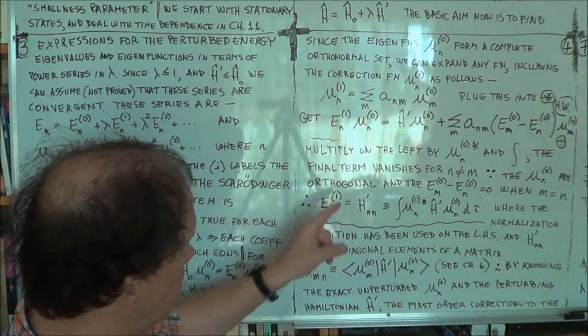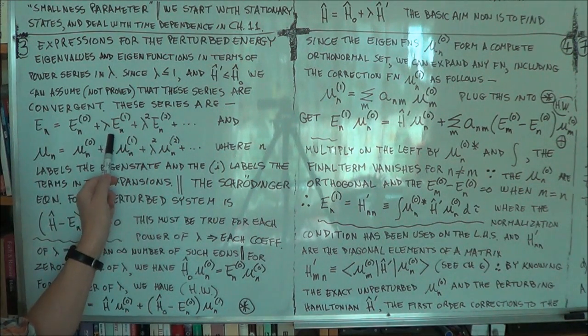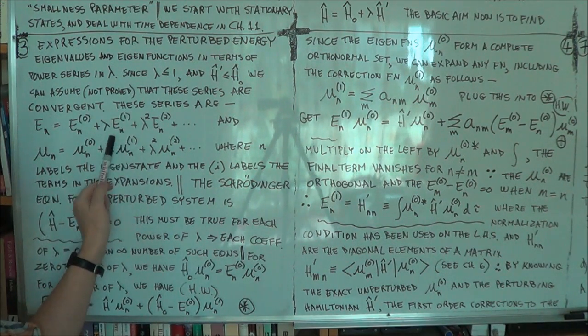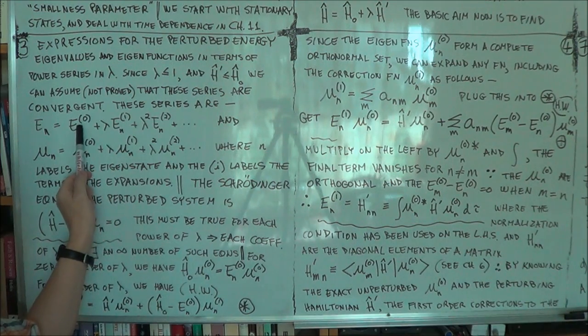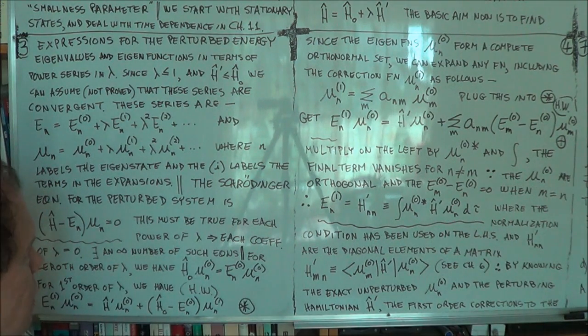So E1. And so if you let lambda be 1, then you have a correction term, the E1 here, that you add to your basic eigenenergies, to get this, right?